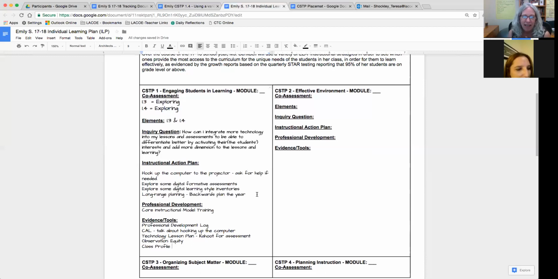Perfect. And then I'll also look for some younger primary digital learning style inventories for you. Okay. I like this kind of stuff. It's fun. I'm looking forward to it.